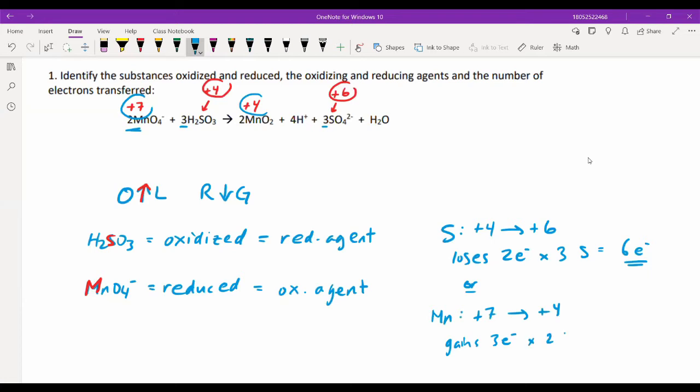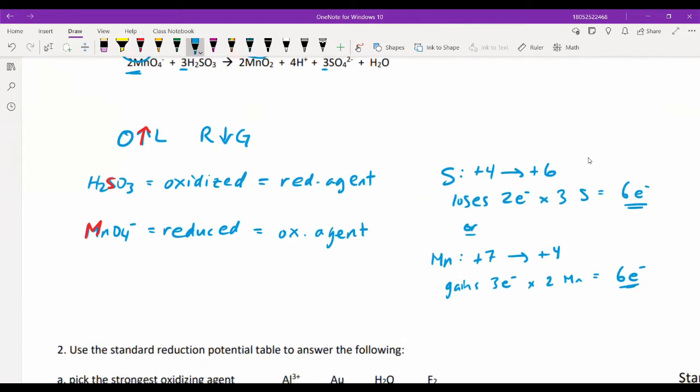So each manganese is gaining 3. There's 2 of them, so that's really a total of 6 electrons. And again, those 2 numbers have to be the same. So we would say, 6 electrons are transferred, going from the sulfur to the manganese.